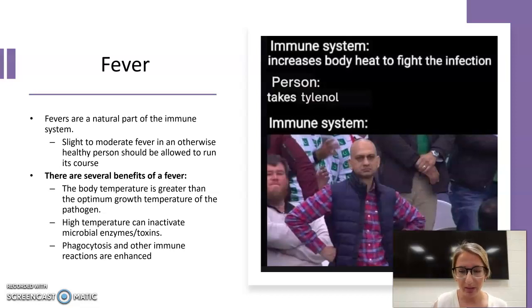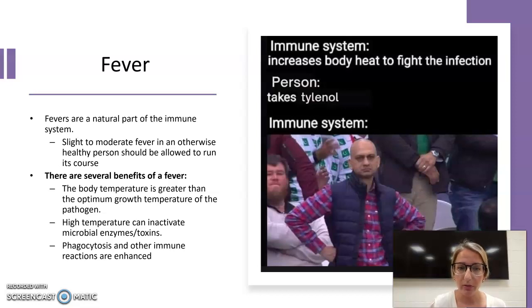So we need to talk about the benefits of having a fever. One of the major benefits of having a fever is that now your internal body temperature is greater than the optimum growth temperature for bacteria. Microorganisms generally prefer to live at 98.6 degrees Fahrenheit. So if your bodily temperature is 100 or 101 because you have a low-grade fever, that's too warm for them.